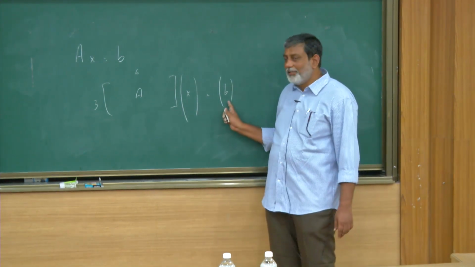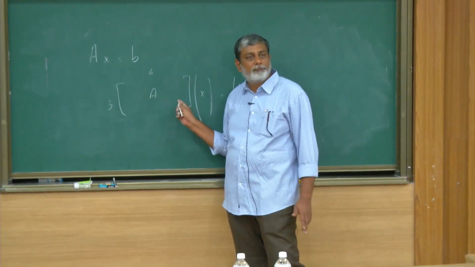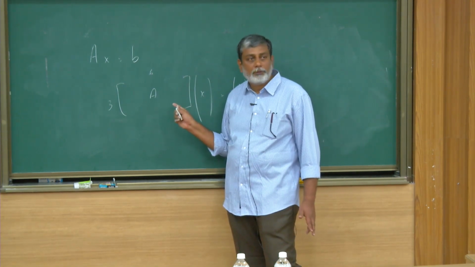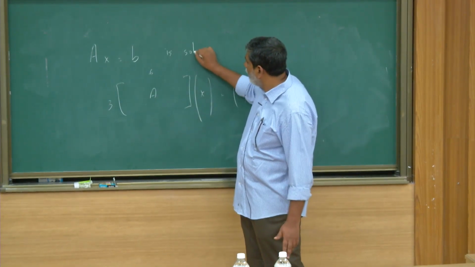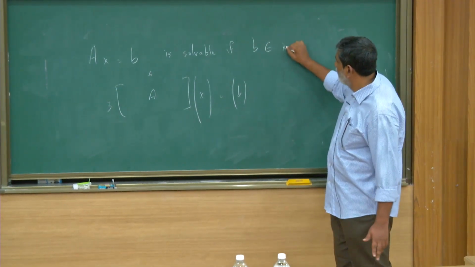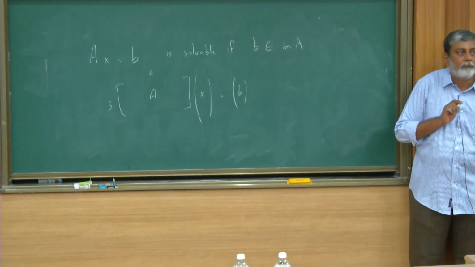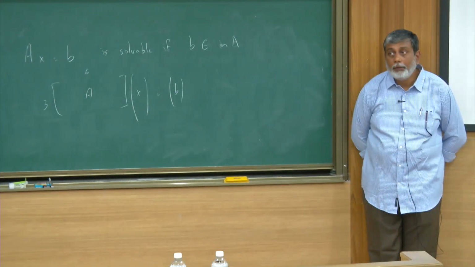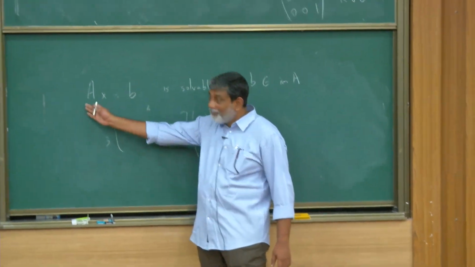It should be possible to write B as a linear combination of the columns of A, which means Ax equal to B is solvable if B is in the image of A.